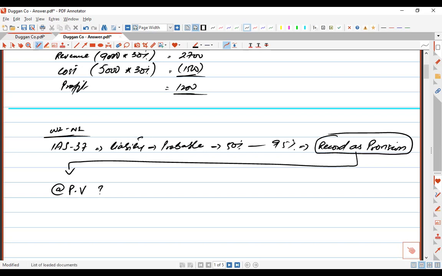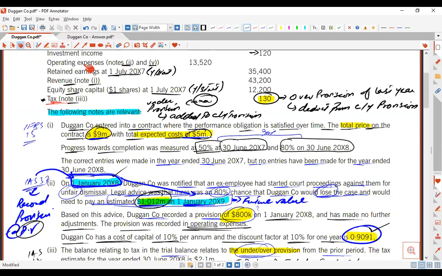As the examiner has given, on 1st Jan 2008, they have estimated this liability at 800,000.